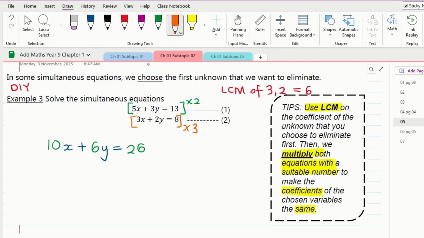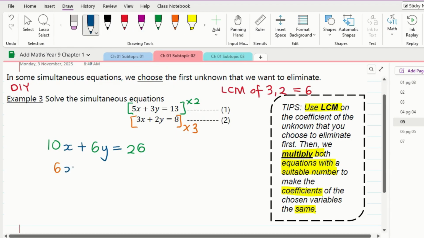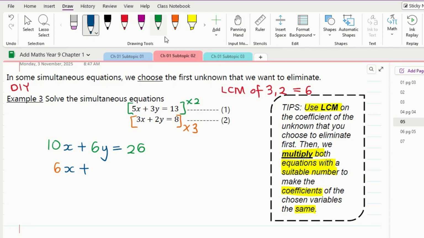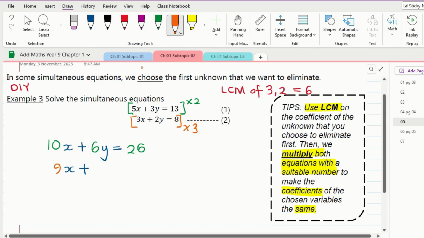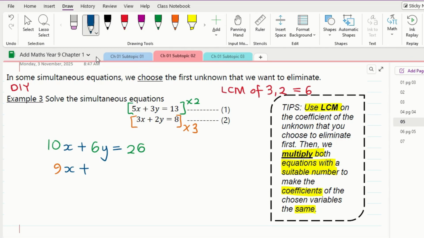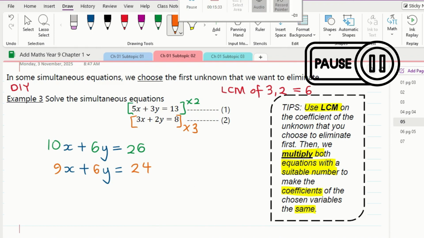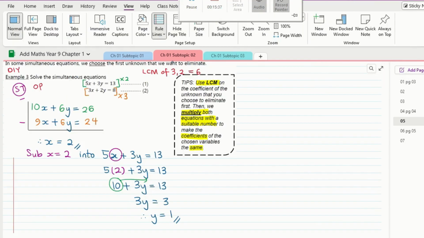So 3 times 3 equals to 9x plus 6y equals to 8 times 3 is 24. Now, I would like you to try yourself to solve for both of the unknowns. Pause the video and you will check the answer later.